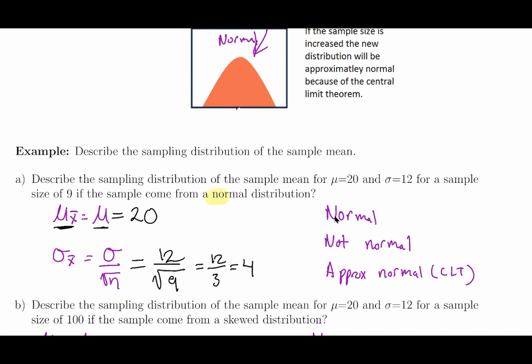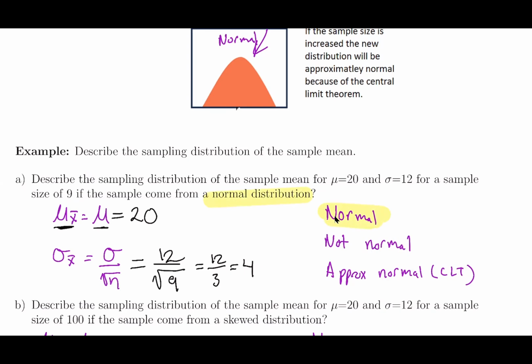Good. If you look right here, they tell us a normal distribution. So since they tell us it's a normal distribution, we say it is normal. And that's it for A. So for A, mu of x bar is equal to 20, sigma of x bar is equal to 4, and this is a normal distribution. And that's it for part A. Any question for part A?